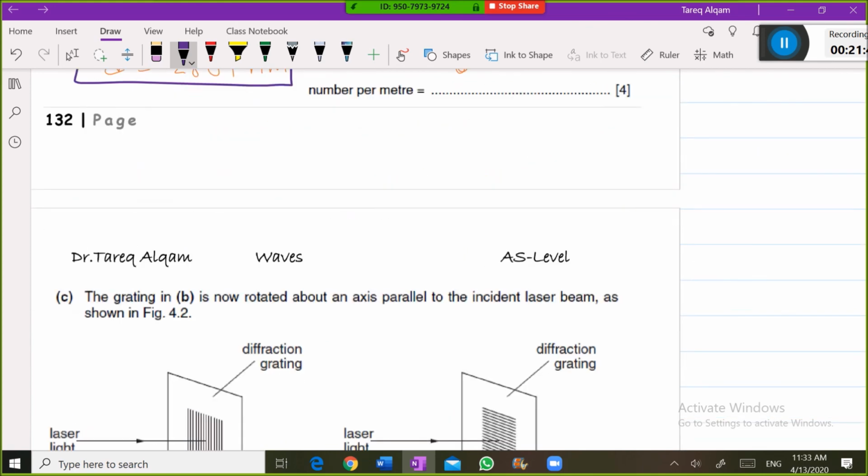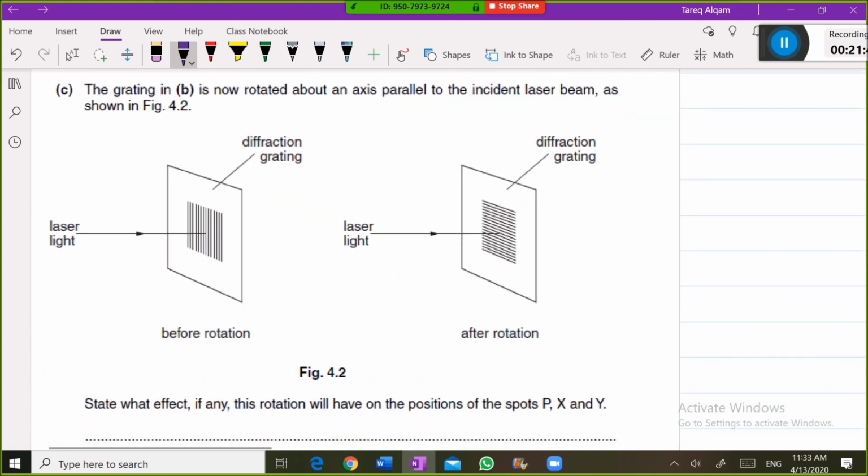Okay, it's direct substitution. Now the grating in B is rotated about an axis parallel to the incident laser beam as shown in the figure. Pay attention, guys. We rotated it by 90 degrees. The lines on the diffraction grating were vertical.